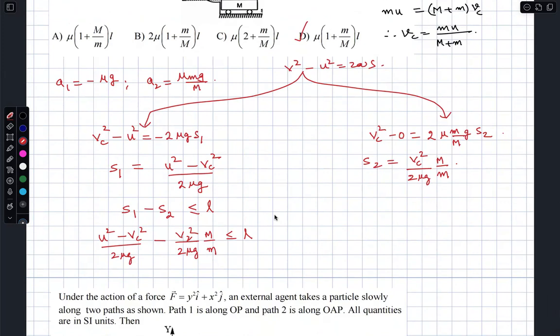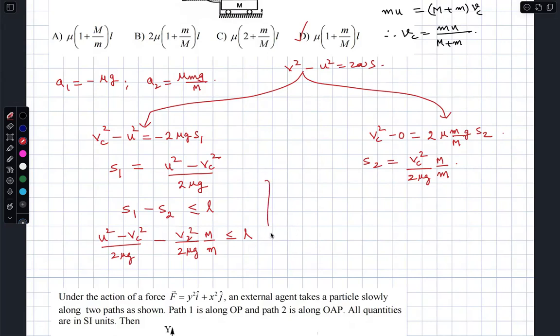This is one way of solving this question. If you go in center of mass, you can do the same problem in a much better way, actually. But it is too early, no? So therefore, I am just giving this up.